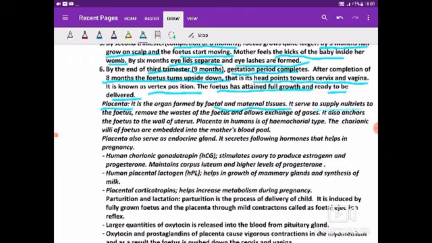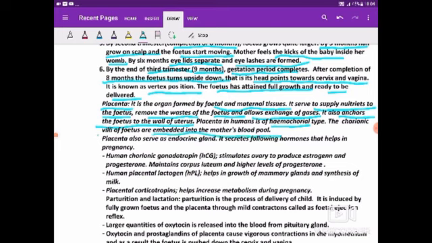It serves to supply the nutrients to the fetus and remove the waste from the fetus, and also allows the exchange of gases. It also serves as an anchoring system, anchoring the fetus to the wall of the uterus. And we know that the human placenta is hemochorial, and the chorionic villi are seen embedded into the mother's blood pool.